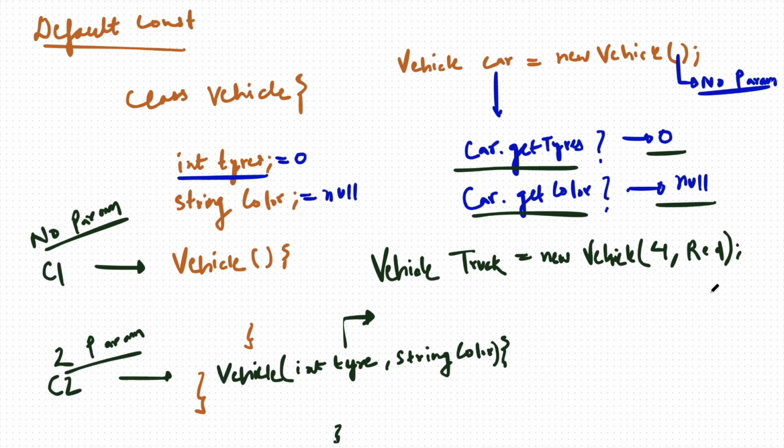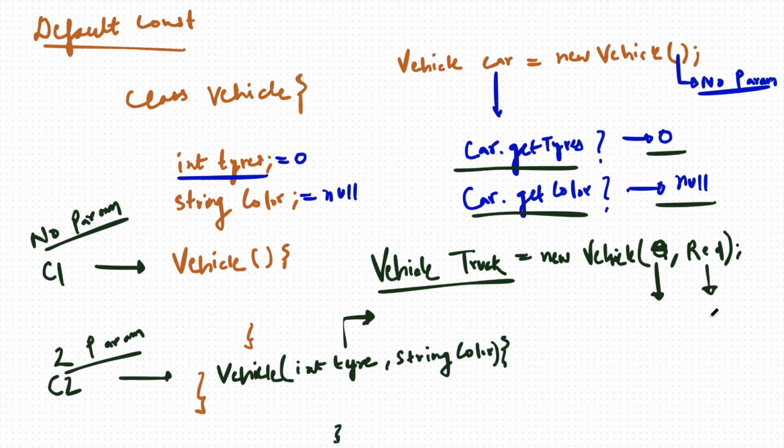Okay, so now what I'm doing, I'm defining a truck which has 4, not 4, a truck doesn't have 4 tires, so let's define it as 8, which makes a little bit of sense. So I am defining a vehicle called truck which has 8 tires and the color of the truck is red.